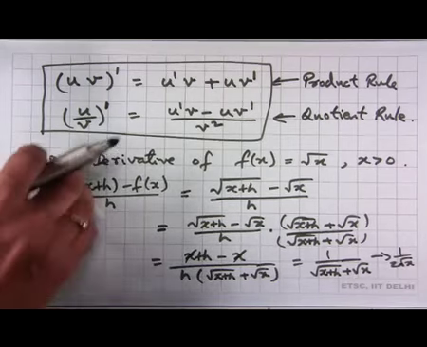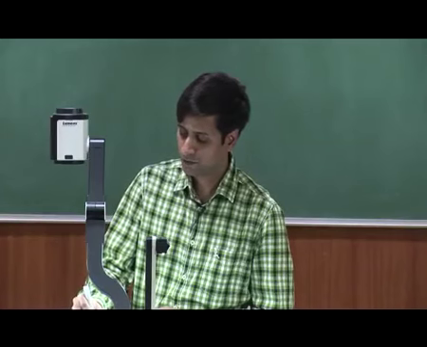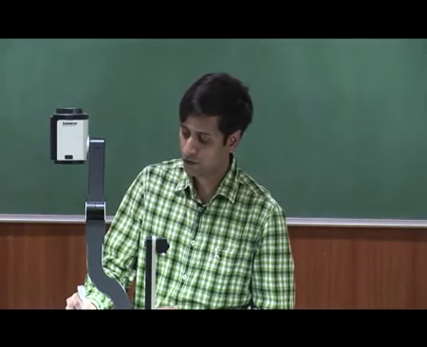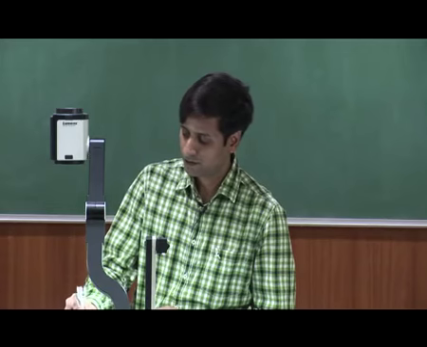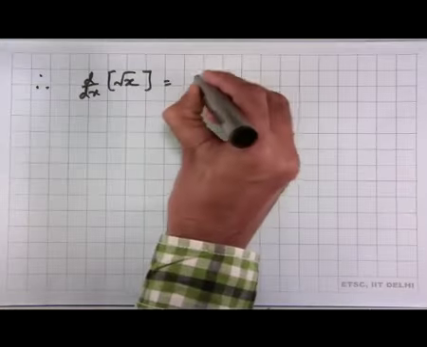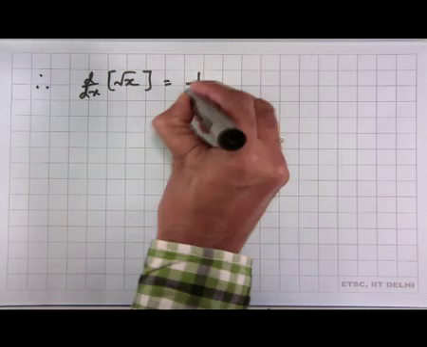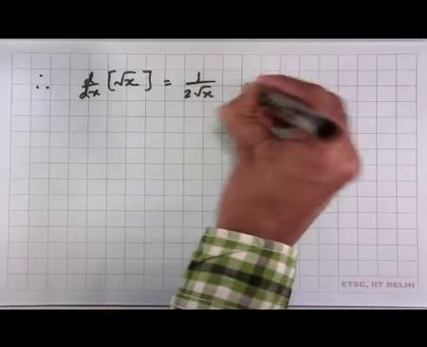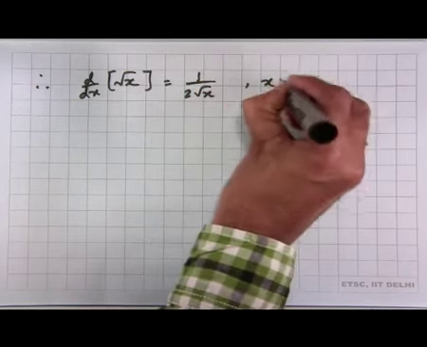So, what we got is that d by dx of square root x is equal to 1 by 2 square root x for all x greater than 0.